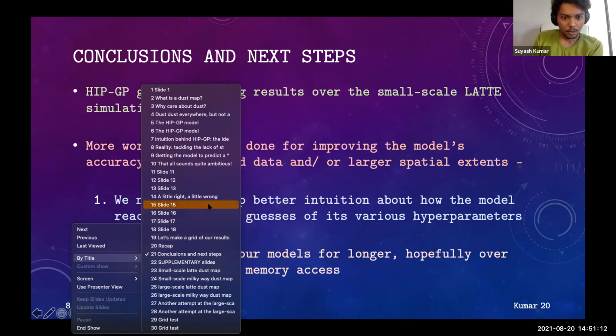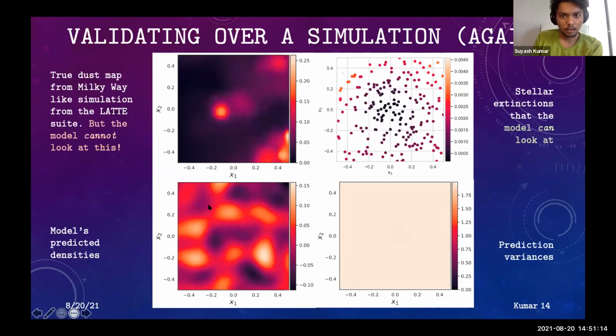Yeah, that's a wonderful question. I'll bring up that slide. So a couple of things here. Compared to the small scale model, you can see that there are a lot more features to capture this time around. Those two small blobs that you see were the only features in the dust map before, but now you have these features popping up at the corners.